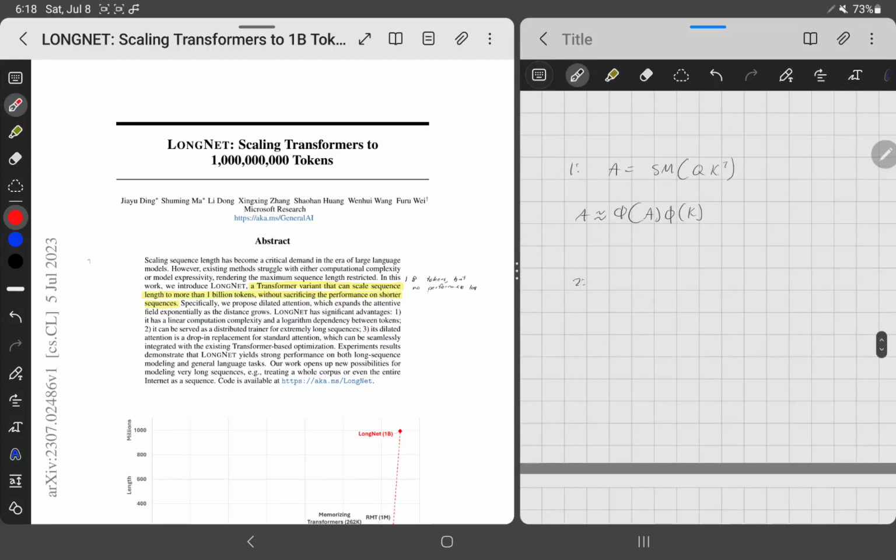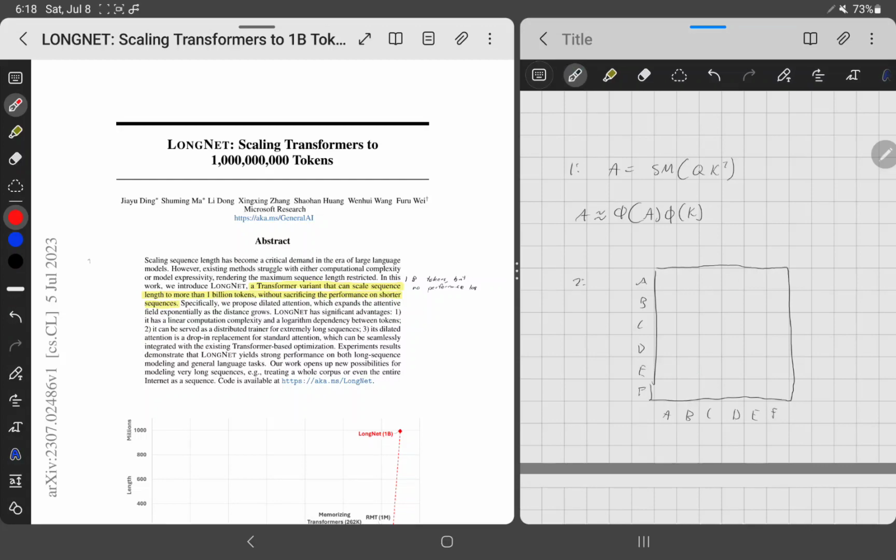Now, what's another way of going about this? If we can't really approximate the attention matrix using the kernel, then another way is to use a sparse attention matrix. I hope I drew that right. So if we have A, B, C, D, E, F, and then this would be A, B, C, D, E, F, then you know that this would be our quadratic matrix if everything attended to everything else.